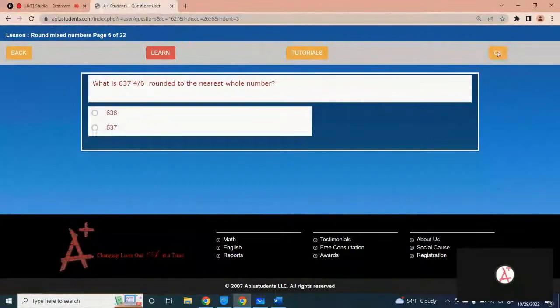Okay, what is 637 whole 4 over 6 rounded to the nearest whole number? You have to compare the fractional part to half. So 4 by 6 is greater than 1 by 2.